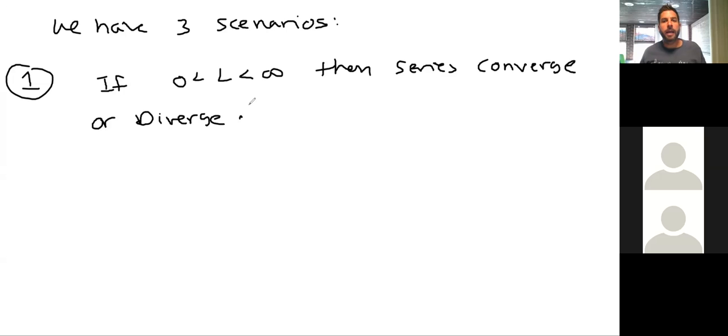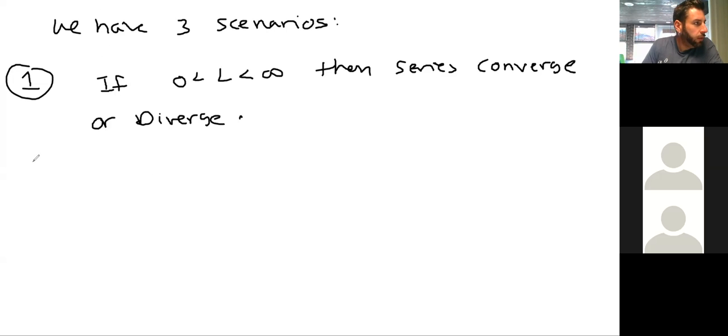That might seem kind of vague, but it's not, because if you know one of them already converges, then if that limit exists, you know the other one converges. Or if you want to use it the other way, if you know one of them diverges, you can use it to prove that the other one diverges. Does anybody have a question about what that might mean?